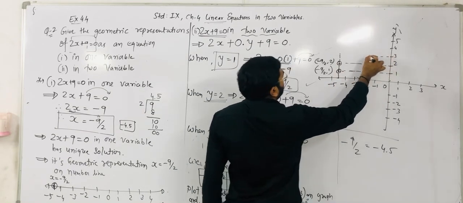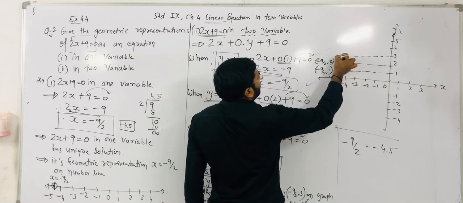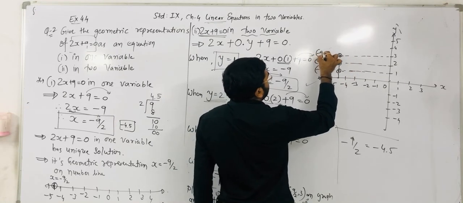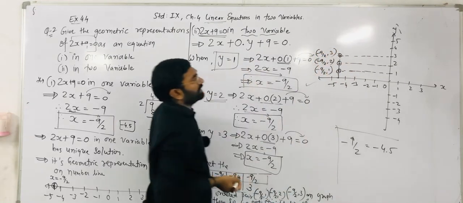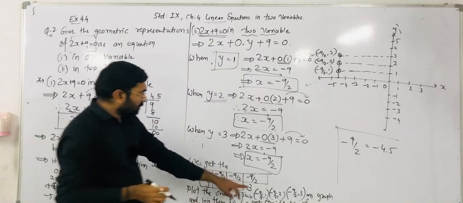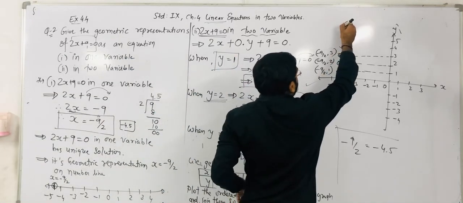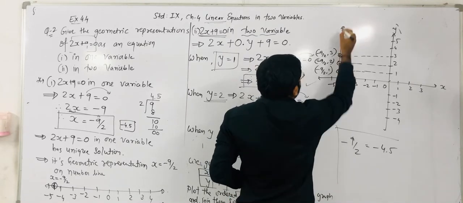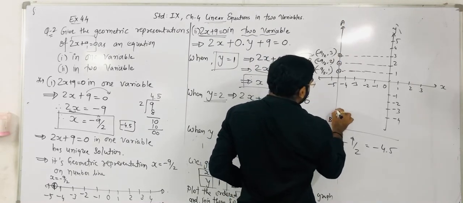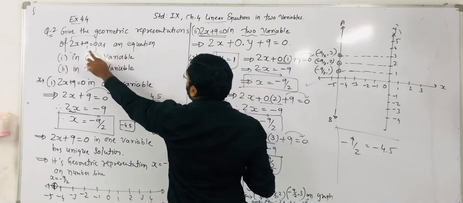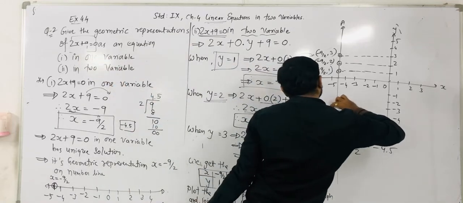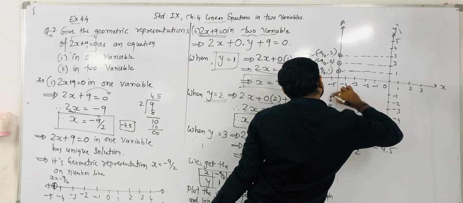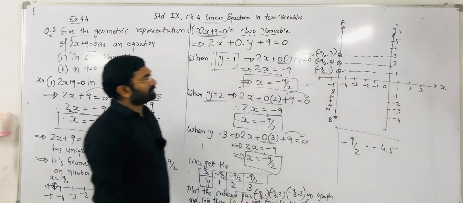On the y axis 3 is here, so draw the perpendicular line, and where both intersect, that is our point minus 9 by 2, 3. After plotting those 3 points, we join them with a straight line. Suppose we name it AB. This is our line AB, which represents the graph of 2x plus 9 is equal to 0.